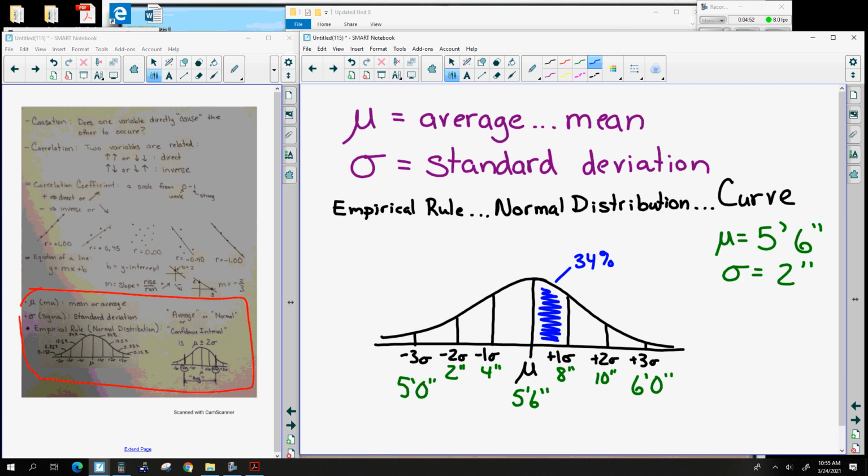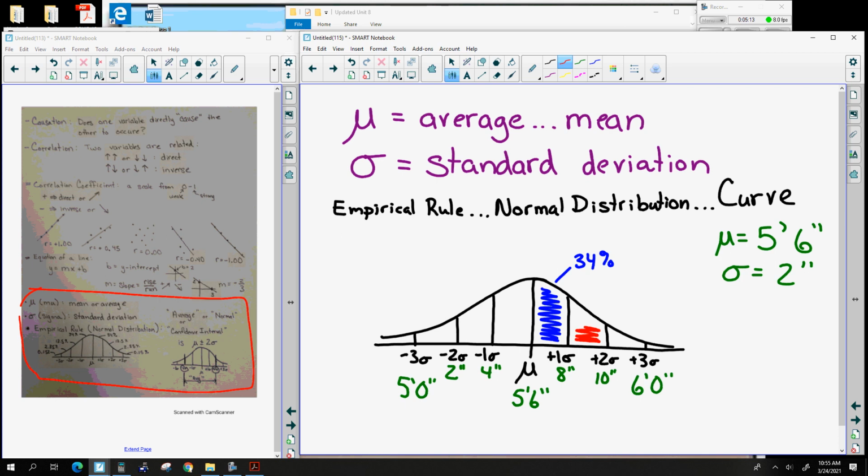If I ask what percentage of students are between 5'6" and 5'8", you could say 34%. 34% of the students are between 5'6" and 5'8".